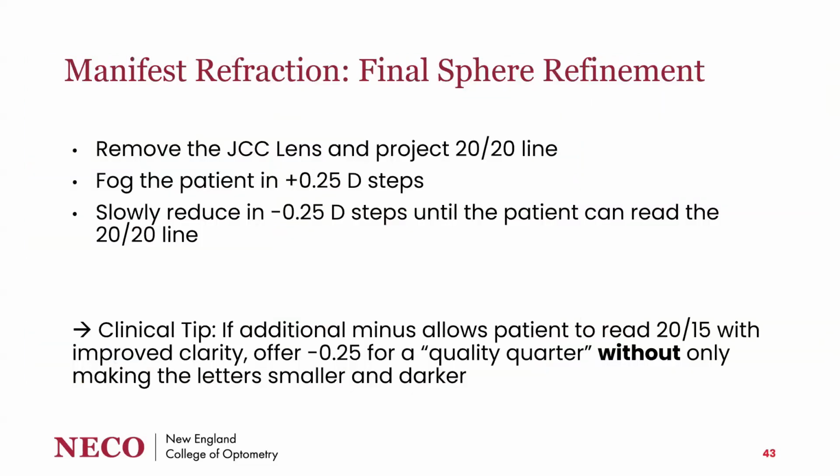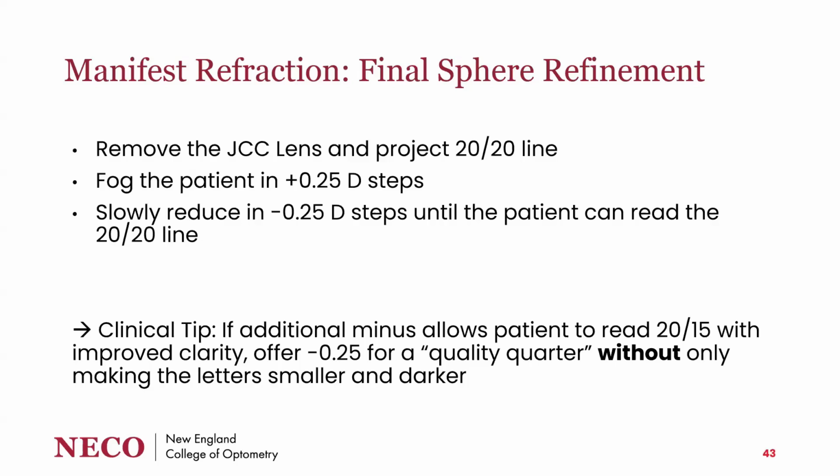Our final sphere refinement, once we've completed JCC, is to remove our JCC lens, and you'll now project the 20/20 line. I will again fog the patient or add plus in 0.25 diopter steps, and then slowly reduce those minus diopters until the patient can read the 20/20 line.